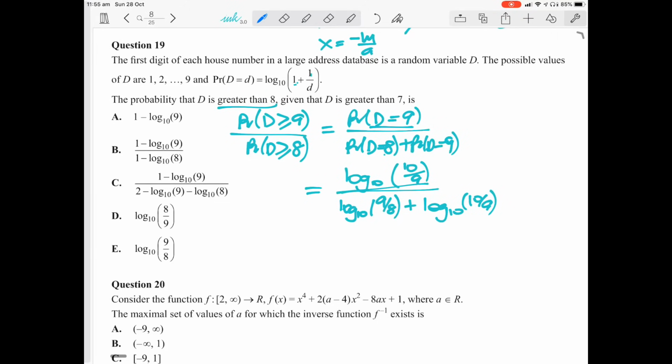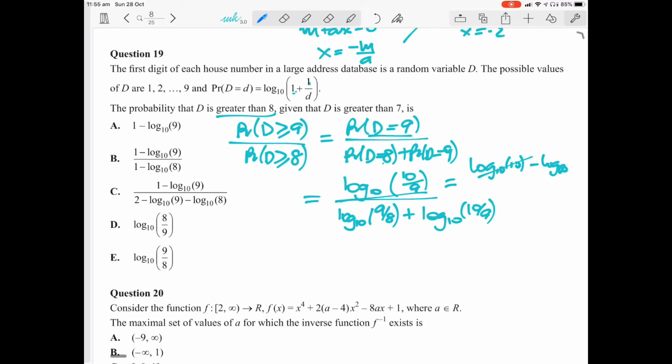Okay, we can separate this apart to be log 10 of 10 minus log 10 of 9, and that'll be 1. So I get on top 1 minus log 10 of 9.